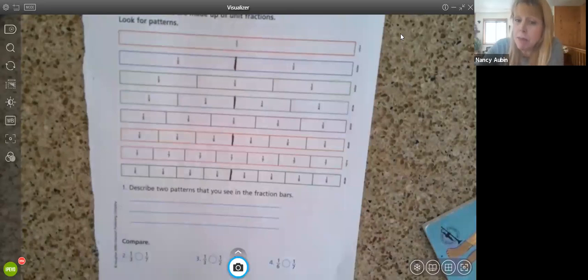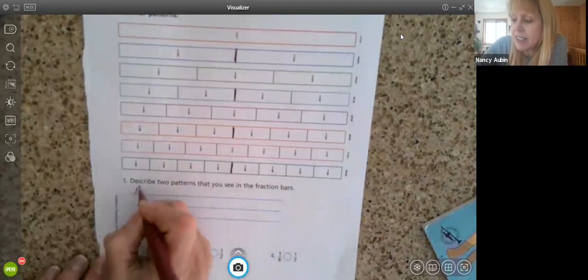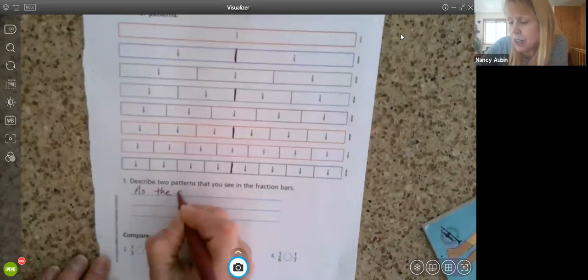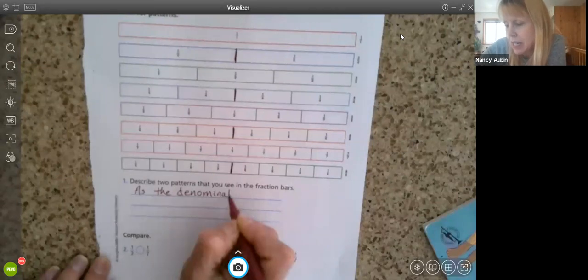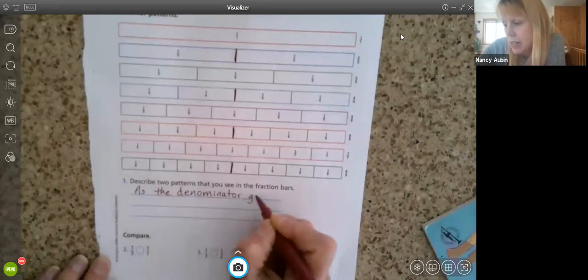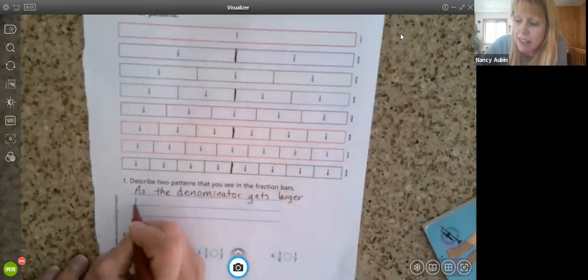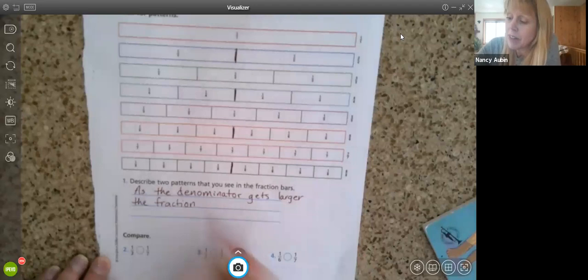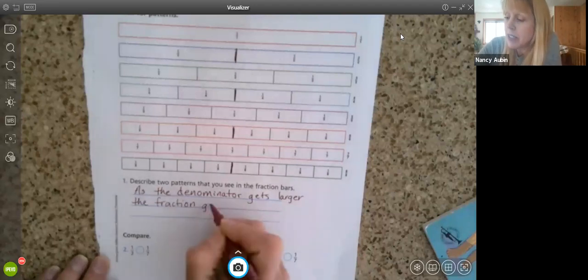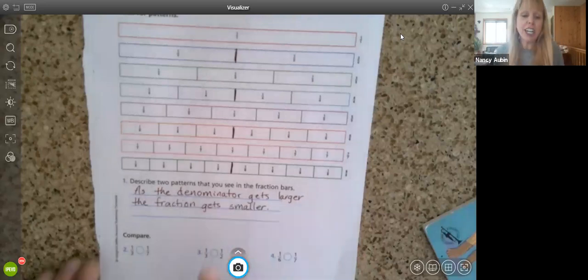One of the important things that I heard is that as the denominator gets larger, the fraction gets smaller. And that's the case with unit fractions. And that's what we want to remember when comparing them. I just want you to keep thinking about dividing, sharing.